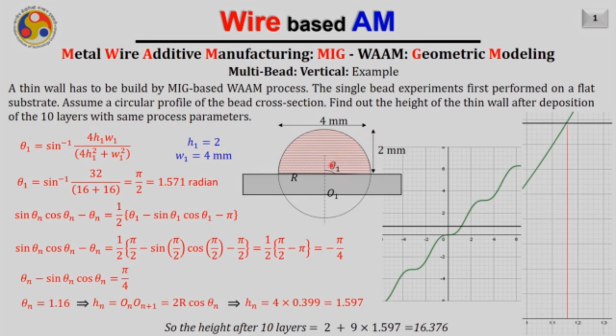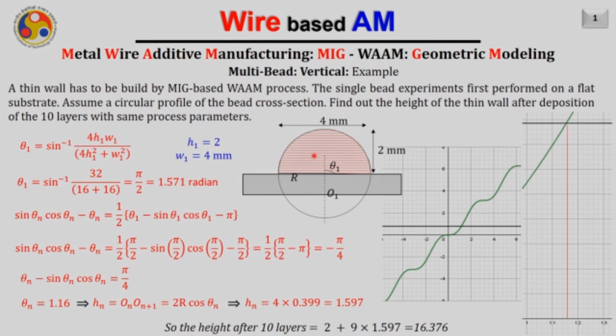Now we can easily find the value of theta 1, the angle subtended at the center of the cross section of the bead, that is the arc, by this particular formula. It says theta 1 equals sine inverse of 4h1w1 divided by 4h1 square plus w1 square. This we have already proved in our previous slides.